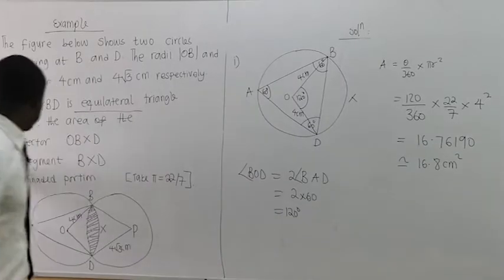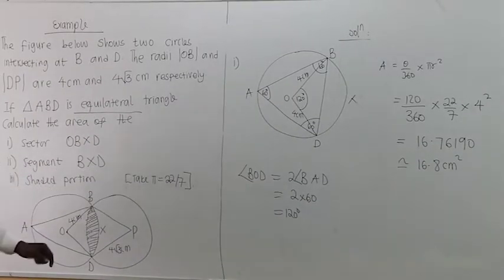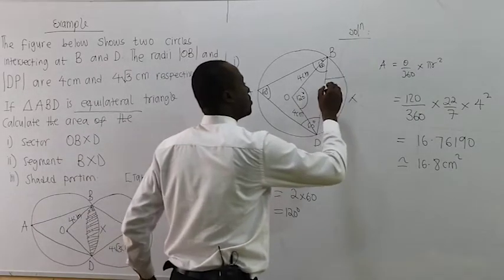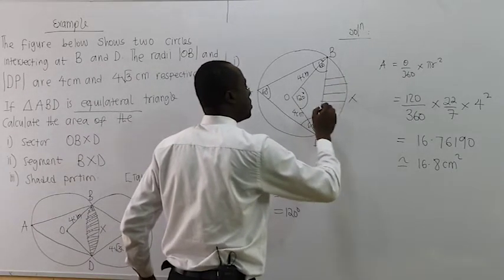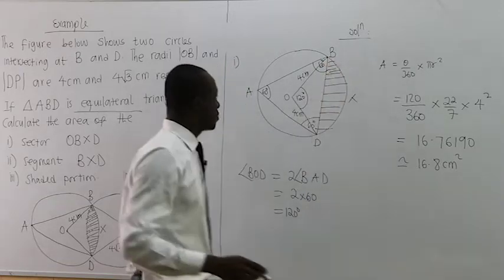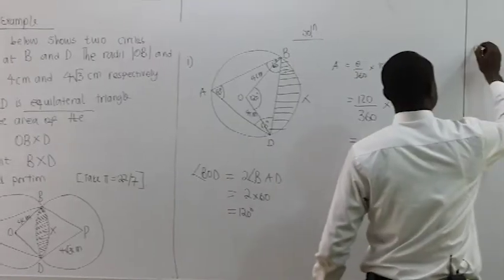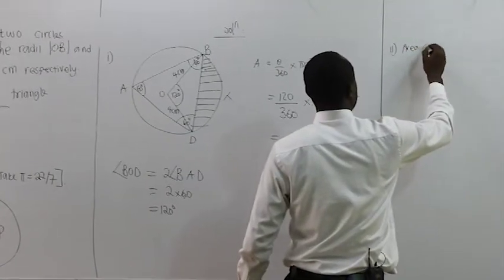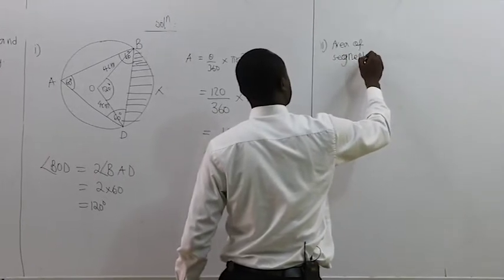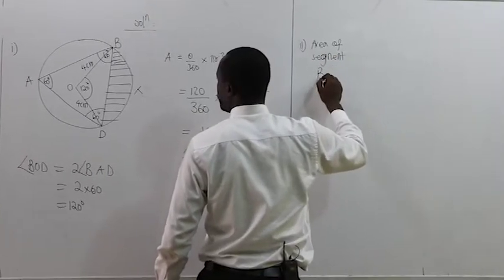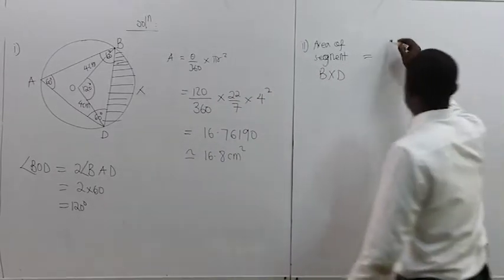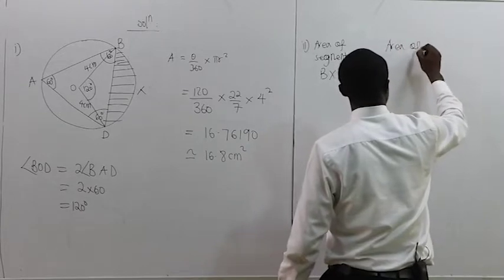Now it says we should find segment BXD. So segment BXD, that is the segment over here. So the second one, area of segment BXD. Now area of a segment is equal to what?